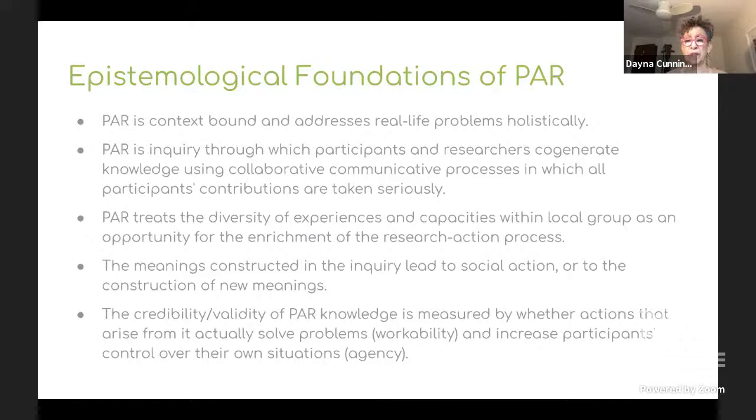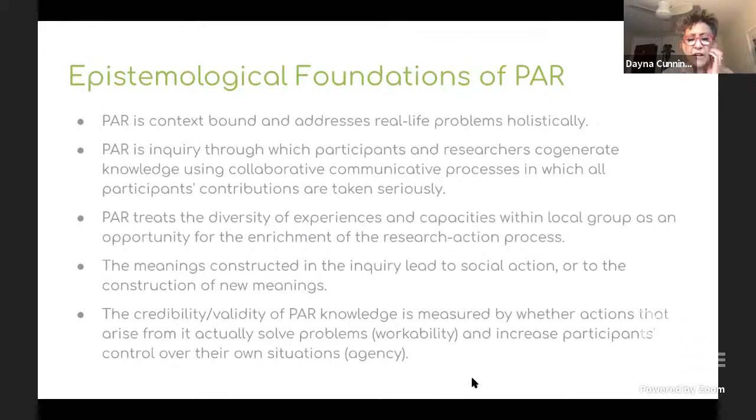That's really important. It is to say that when you are in a PAR process, you're looking for disjuncture and disruption as an important source of data about what you're trying to achieve, particularly when you are addressing questions of power and marginality.